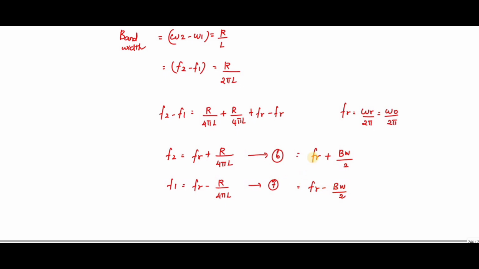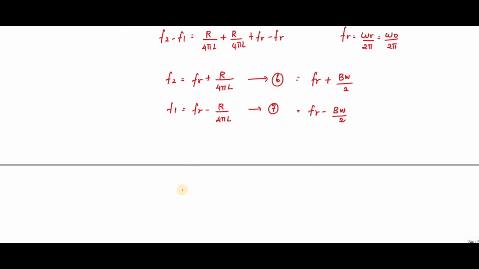In terms of omega, omega 2 is equal to omega naught plus bandwidth divided by 2, or I can write omega 1 is equal to omega naught minus bandwidth divided by 2.